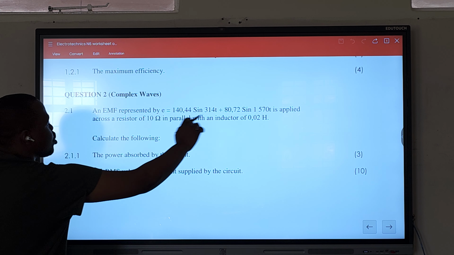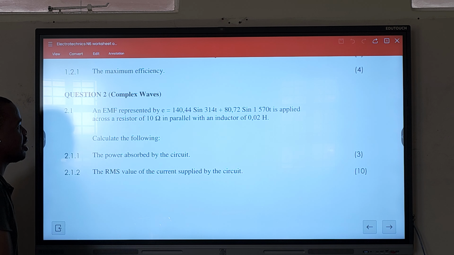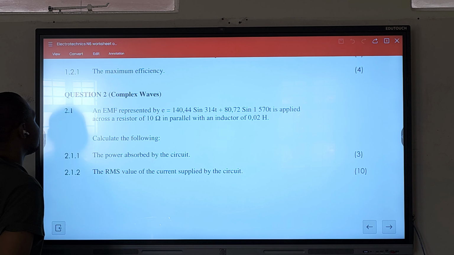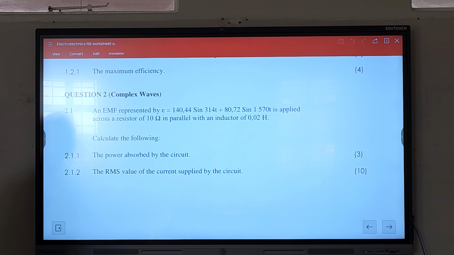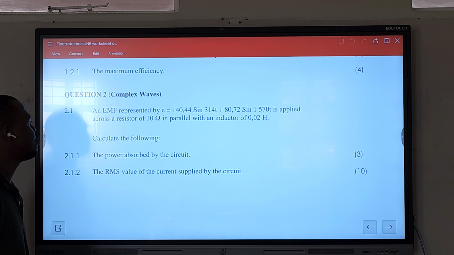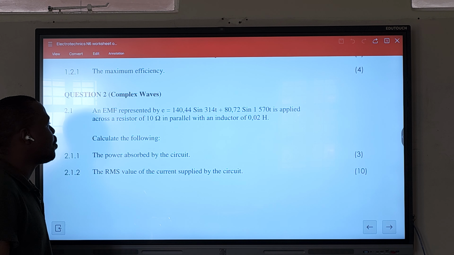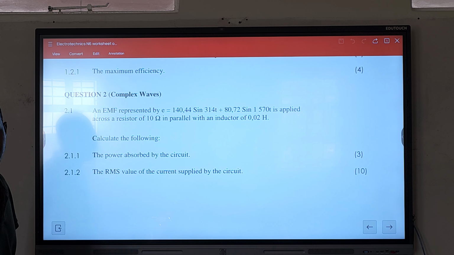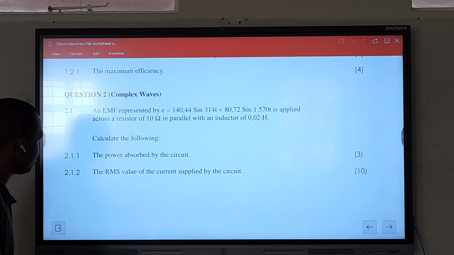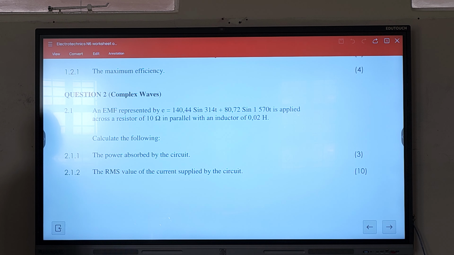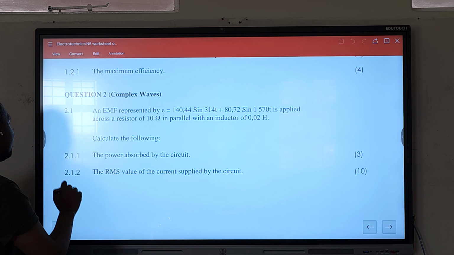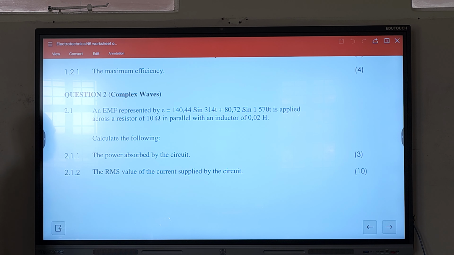So this non-sinusoidal voltage, which is made up of two harmonics, is applied across a resistor of 10 ohms in parallel with an inductor of 0.02 Henry. The question asks us to calculate the power absorbed. What absorbs power in a circuit?